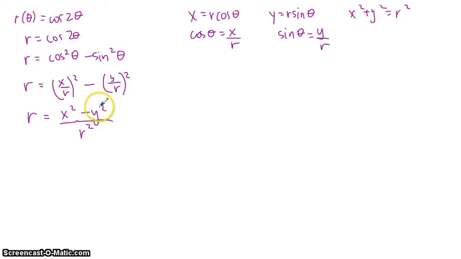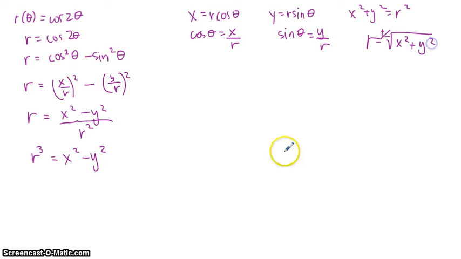We're getting close, because we no longer have thetas, now we only have r's. From here, it looks like I have r cubed is equal to x squared minus y squared. Now, r squared is going to equal x squared plus y squared, and r is going to equal plus or minus the square root of x squared plus y squared.